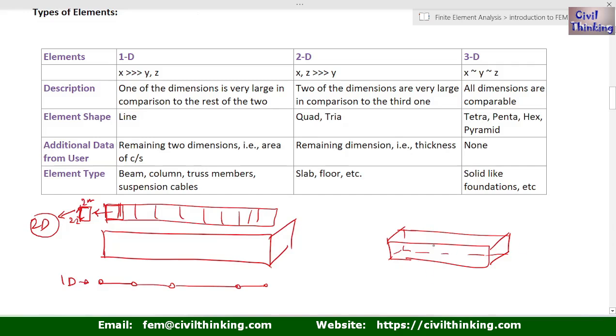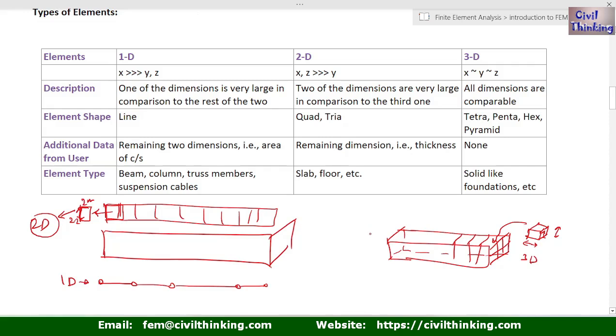Now if I discretize it with the help of 3D elements, okay, we get a 3D element, okay. Each is like a brick, right? So this is 3D. In 3D, all the three dimensions are comparable or proportional, okay.